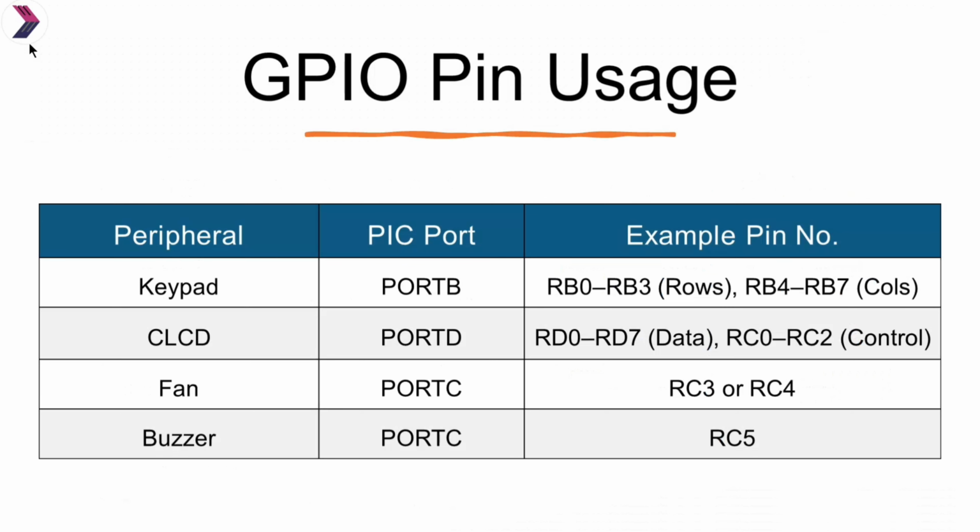Then the GPIO pins used: for the keypad we used port B, RB0 to RB3 as rows and RB4 to RB7 as columns. Then the LCD is connected to port D, the fan is connected to port C, and the buzzer is also connected to port C, which is the RC5 pin.